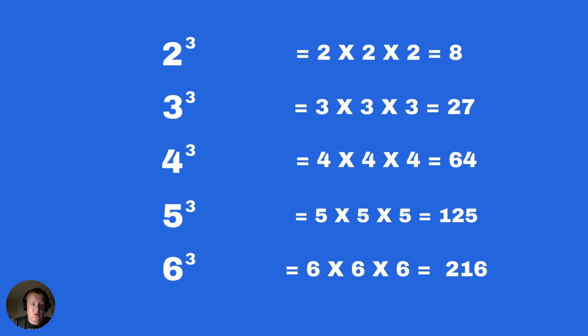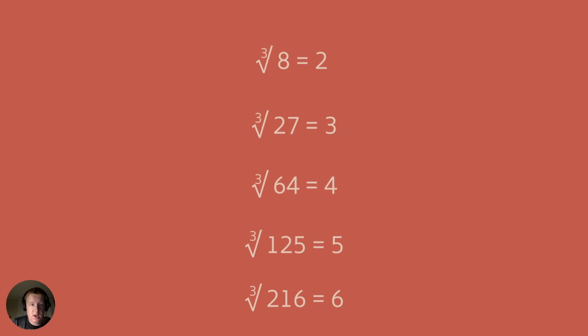And if you cube root those, now these numbers go back to their original base number again. Like cube root of 8 equals 2, cube root of 27 equals 3, cube root of 64 equals 4, cube root of 125 equals 5, cube root of 216 equals 6.